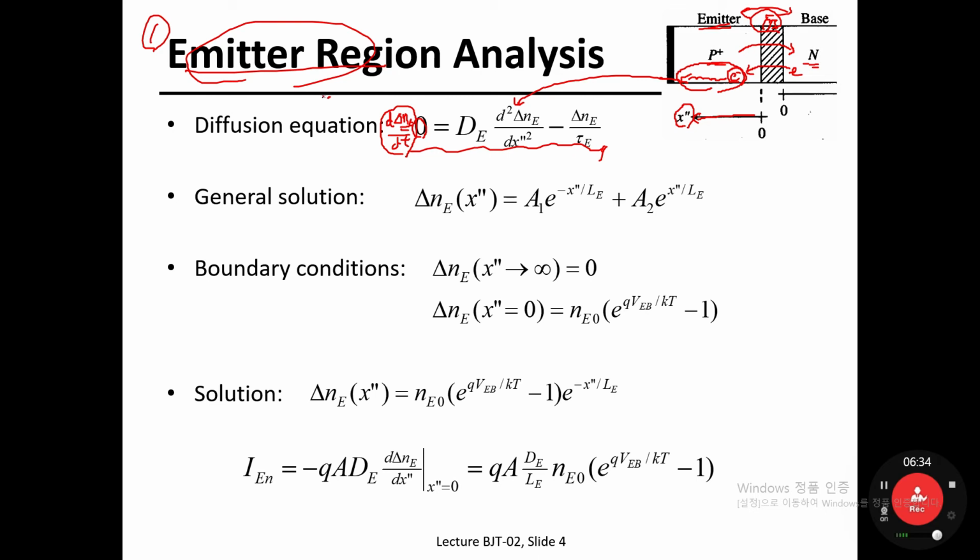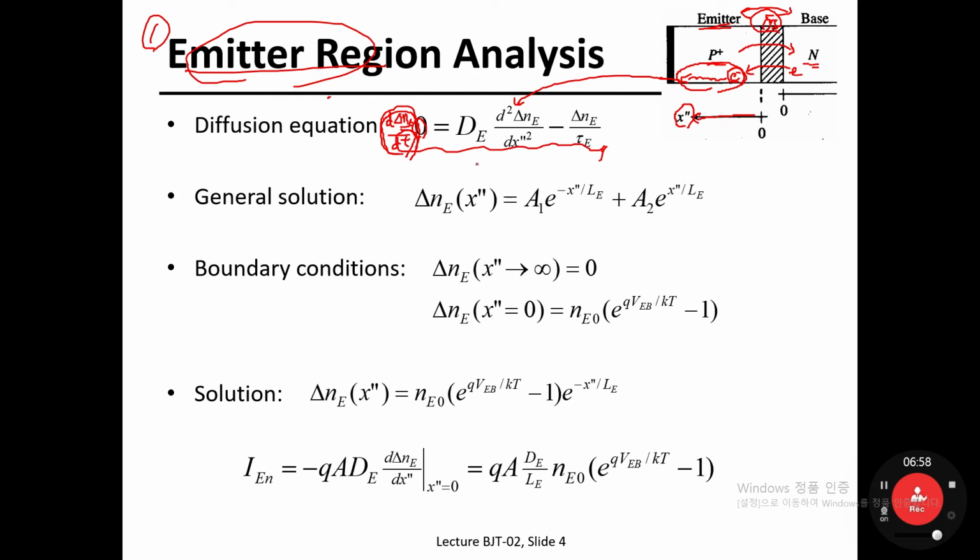DC indicates a certain amount of minority carriers can be steadily supplied from N side into the emitter P plus side. Because of that, delta n sub e with respect to time variation is 0.